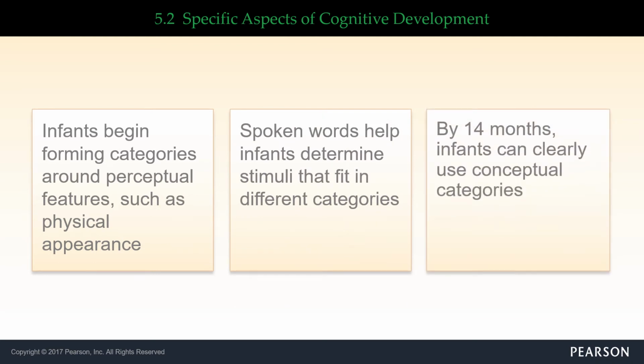So infants begin forming categories around perceptual features such as physical appearance, and spoken words help infants determine stimuli that fit into different categories. And by 14 months, infants can clearly use conceptual categories.